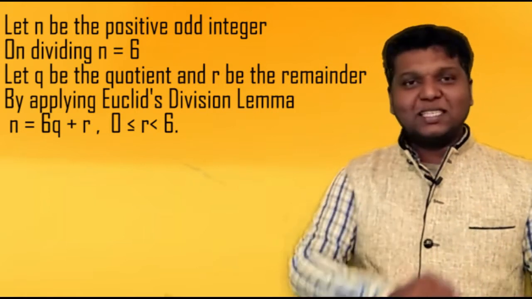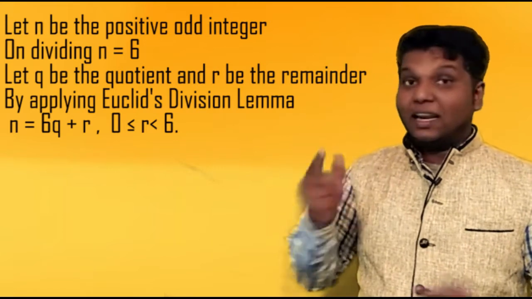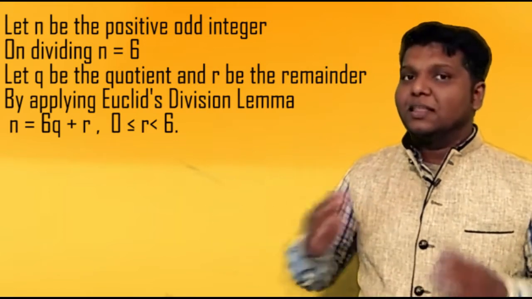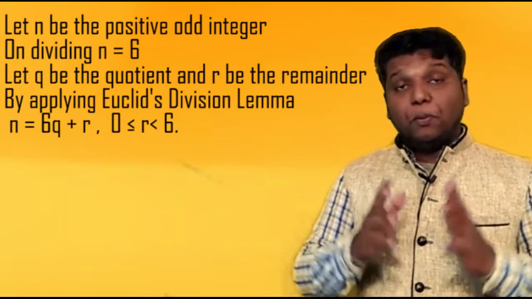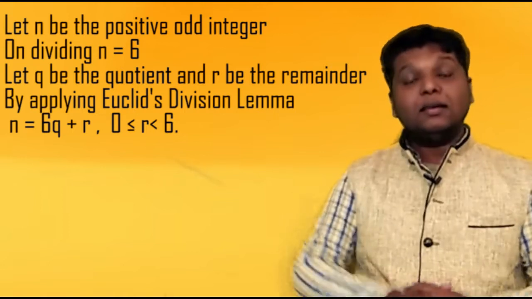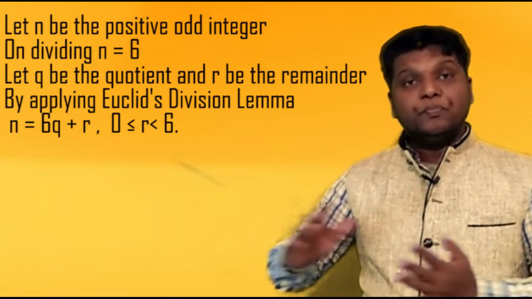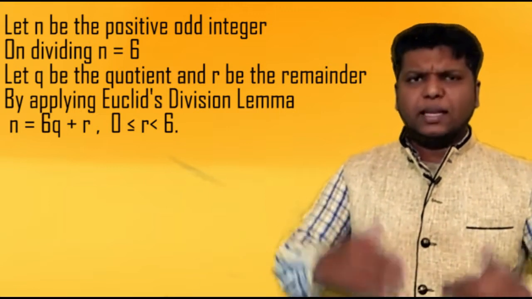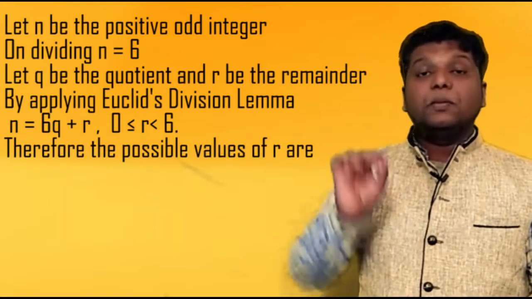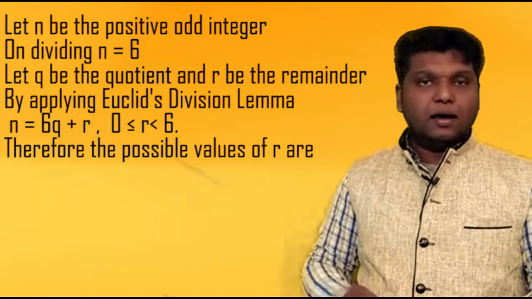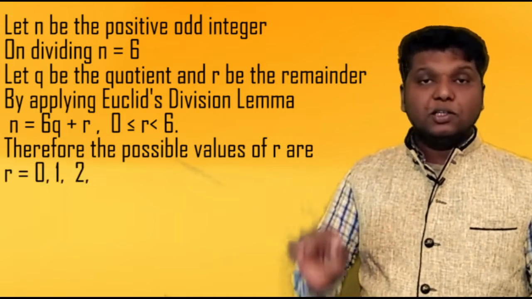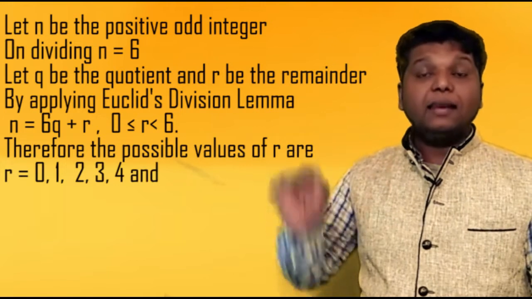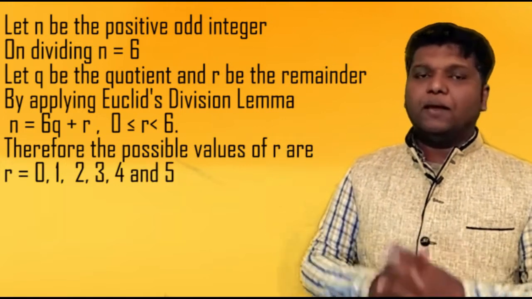No, it cannot be 6, because we have written less than 6, which means it should not be 6. That means all the possible values of r are from 0 to 5. So, therefore, the possible values of r are 0, 1, 2, 3, 4 and 5.